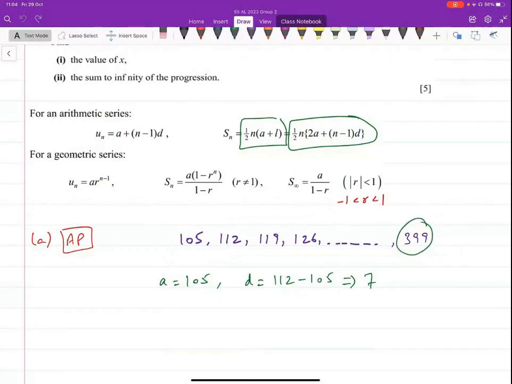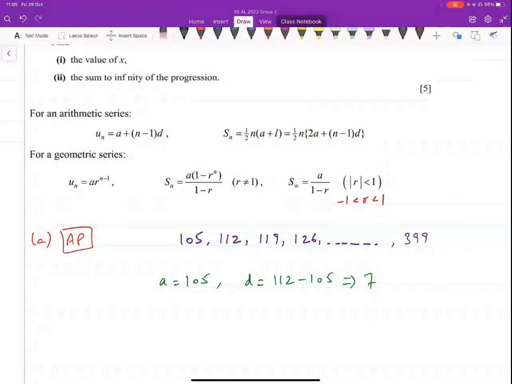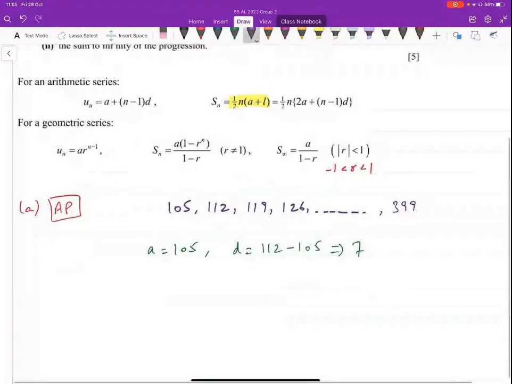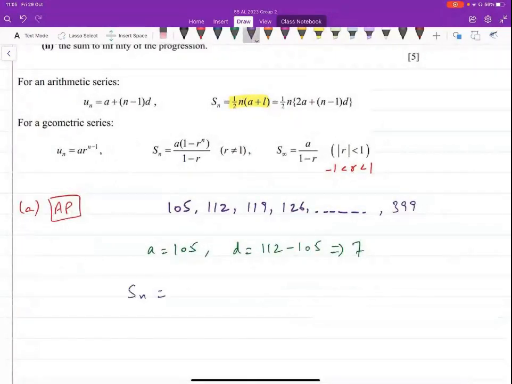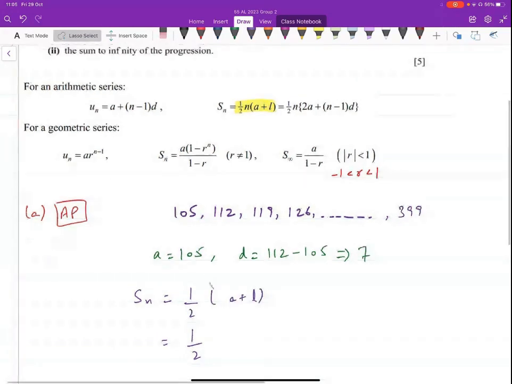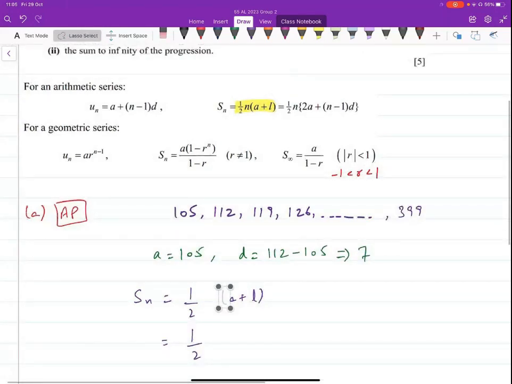So we can use this formula, the first one here. ये वाला formula हम यहाँ पे use कर सकते हैं, a plus l वाला. Let's say Sn equals 1 over 2 into a plus l. We can use this particular formula. Now, half into n, I missed n there, so it's half into n into a plus l.